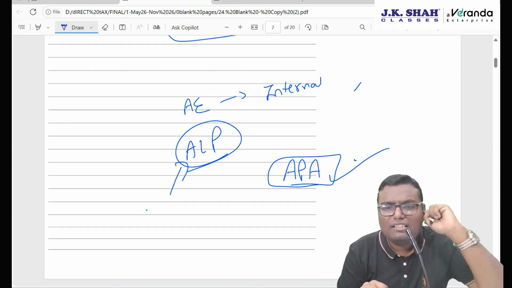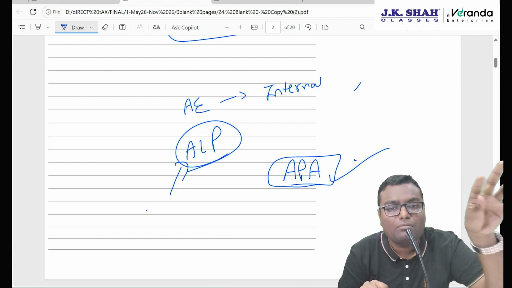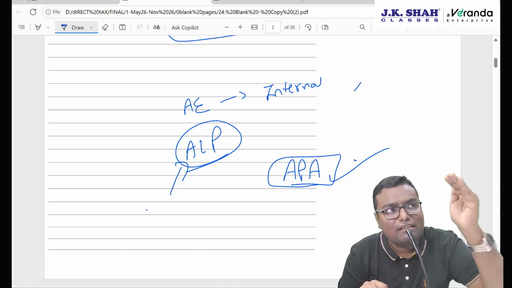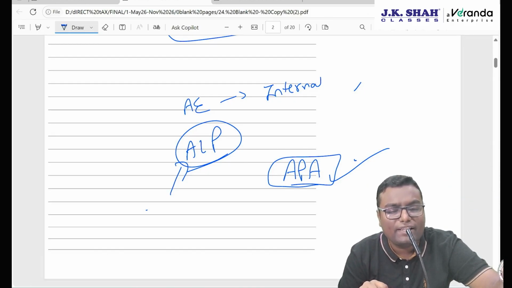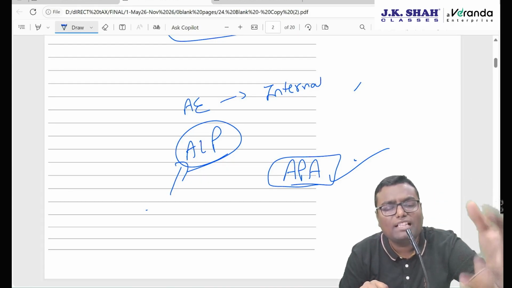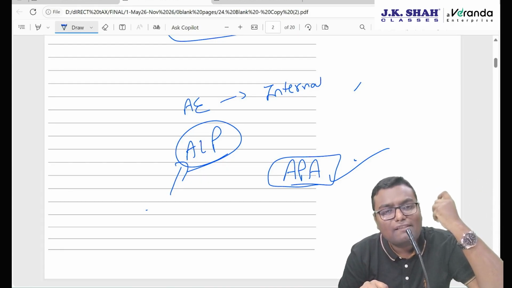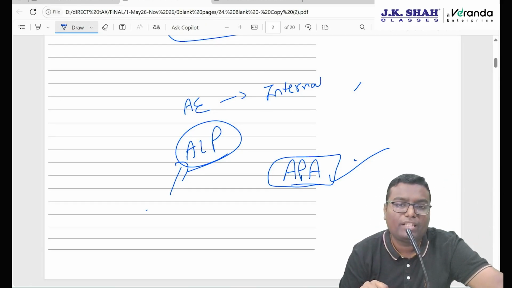These safe harbor rules are not applicable for each and every transaction. They are applicable only for those transactions mentioned in the rules. If you are incurring these few transactions and the conditions as per the rules are satisfied, adopt that particular percentage or amount as your arm's length price, and no dispute will happen.